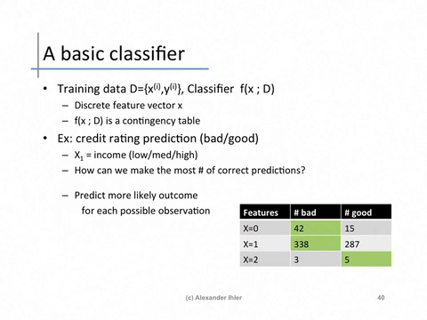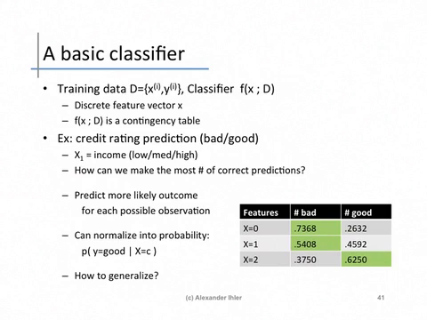So if we want to minimize the number of errors we make, we should predict bad because we'll get 42 of our training data correct and 15 of our training data incorrect. Similarly, for each line of this table, x equals 1, we could choose the one with the most training examples. And x equals 2, we could choose the outcome with the most training examples.